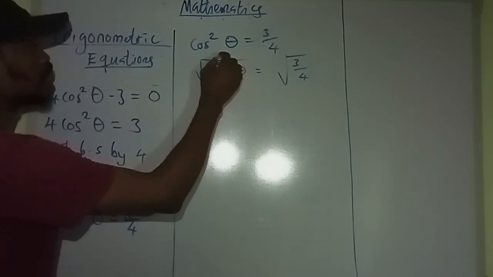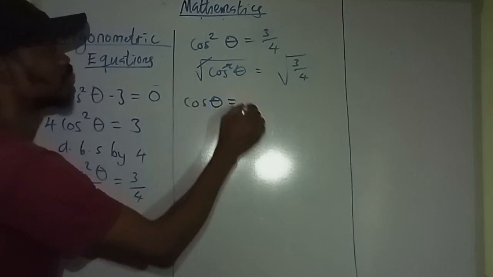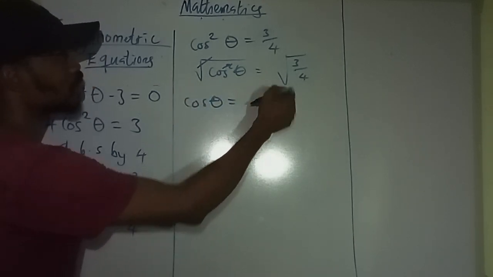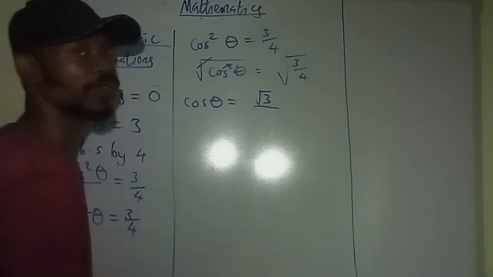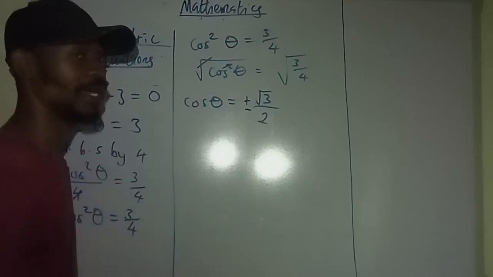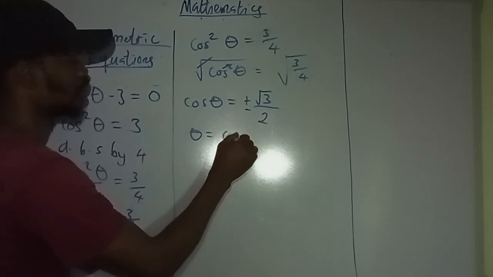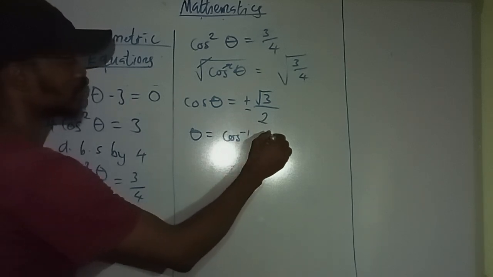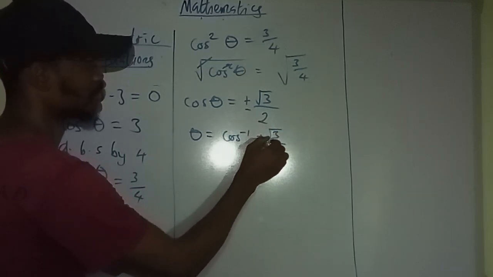Then the square cancels the square root, so we have cos theta equals the square root of 3 over the square root of 4, which is just 2. And remember, it has to be plus and minus. So theta is going to be the cos inverse of square root of 3 all over 2, of course, plus and minus.